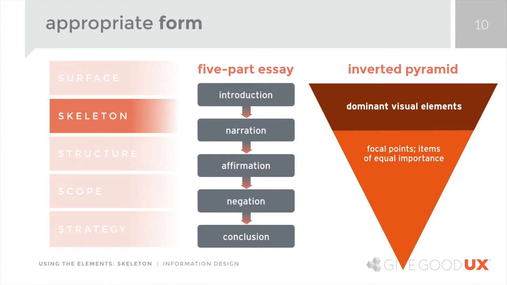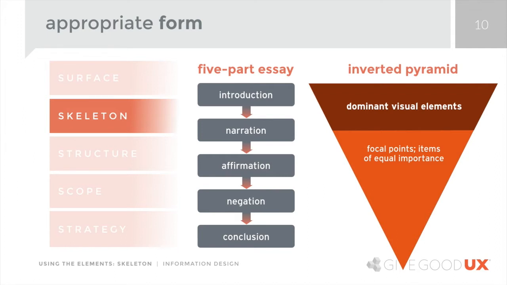Each layer communicates its own message or messages. Layers of greater visual weight contain more important information. Visual organization is the same thing as informational organization. The most important things stand out. The next most important things also stand out, but they don't compete with the things that are dominant.